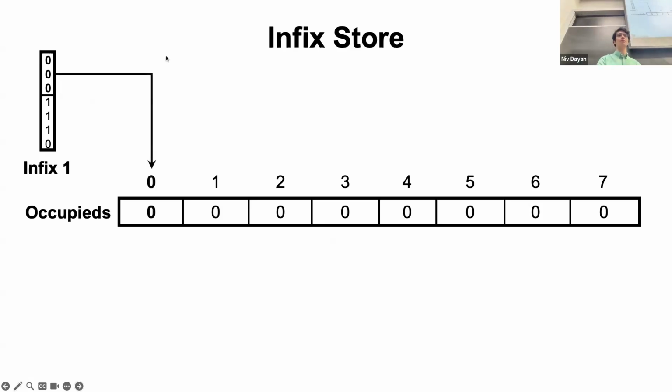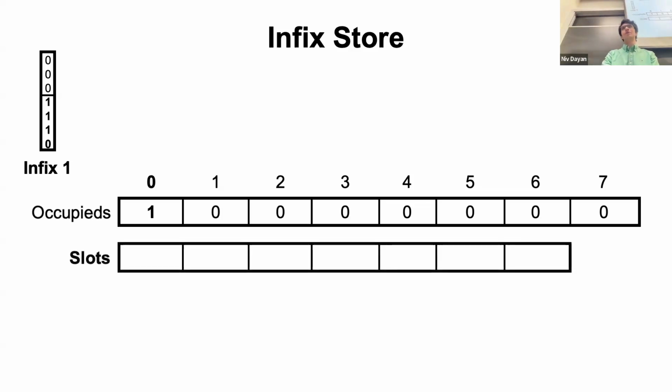So in this example, your infix 1 has a quotient of 0, so it maps to the 0th bit in the occupied bitmap, and it's going to turn it into a 1. Okay, so that's how you store the quotient itself. You also need some way of storing the remainders, for which you're going to use an array of slots. And you're simply going to store the remainder of infix 1 in the first slot that you find empty.